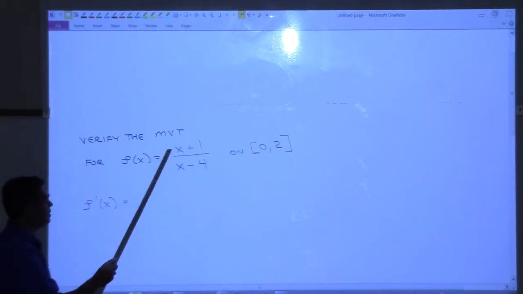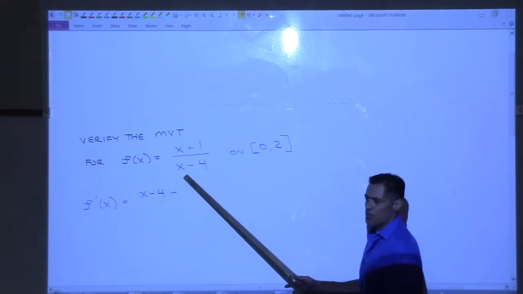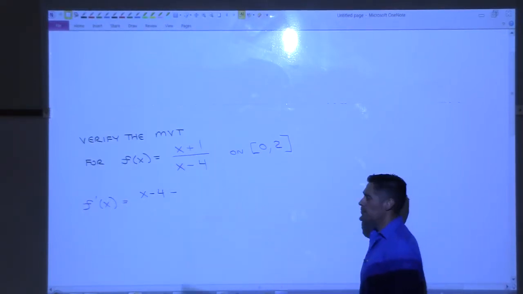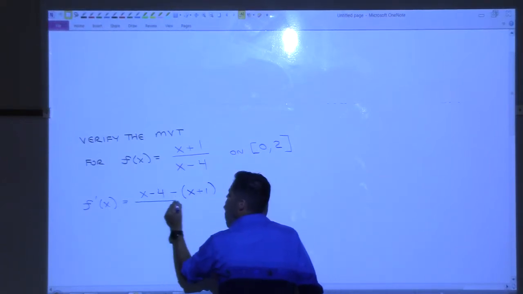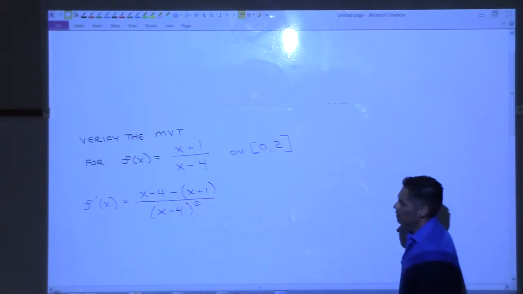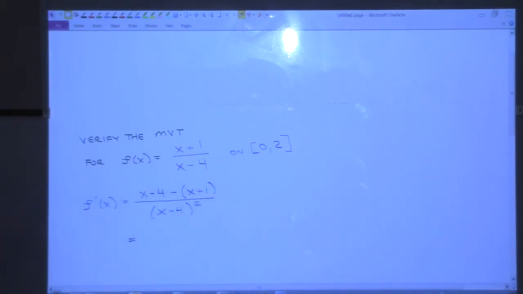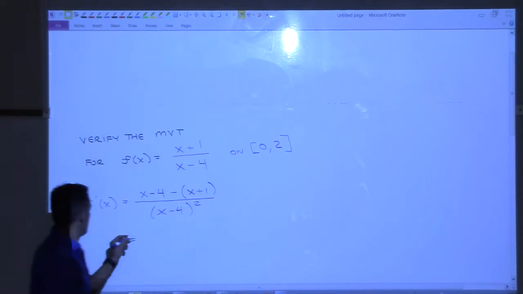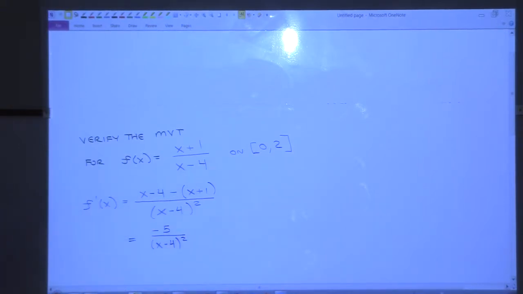Derivative of the top is 1 times the bottom minus the derivative of the bottom, which is 1, times the top, all over the bottom squared. Okay, I can clean this up a little bit. If I clean that up, I think I get negative 5 over x minus 4, that quantity squared. Okay, so that's our derivative.